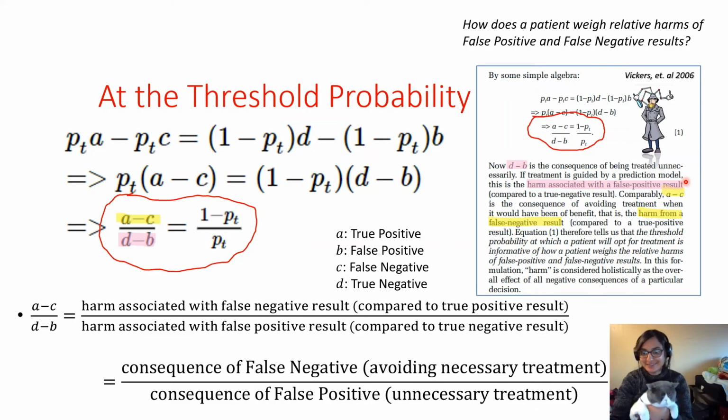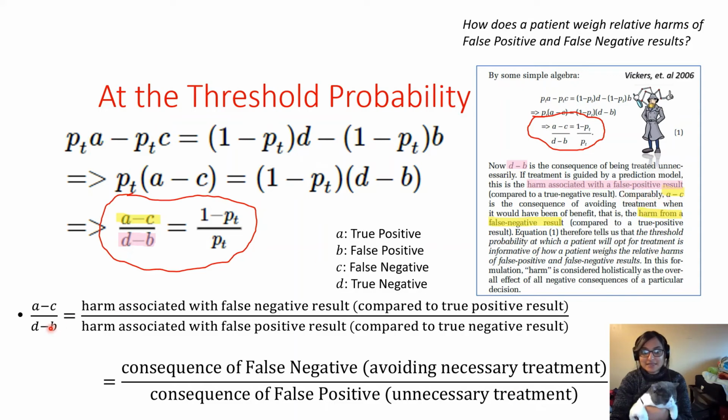Please see my other videos for more background on that. So D minus B is just the harm associated with a false positive result compared to a true negative result. It's essentially the consequence of a false positive, unnecessary treatment.